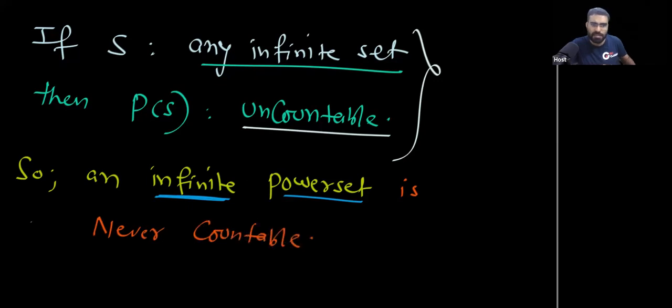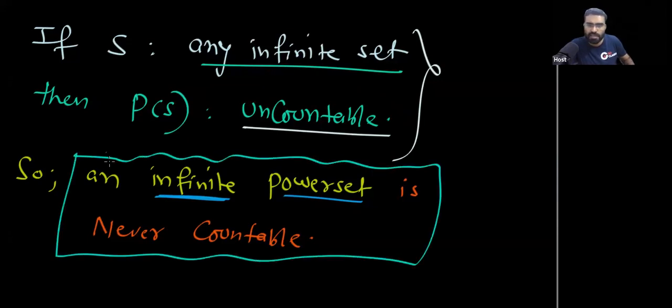Is this clear? Very simple point. Because if you have an infinite power set, then that will always be uncountable.